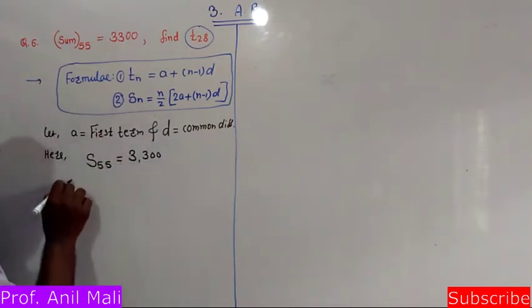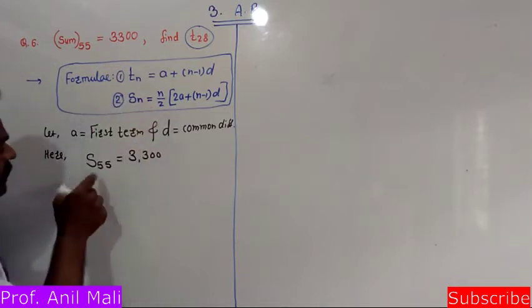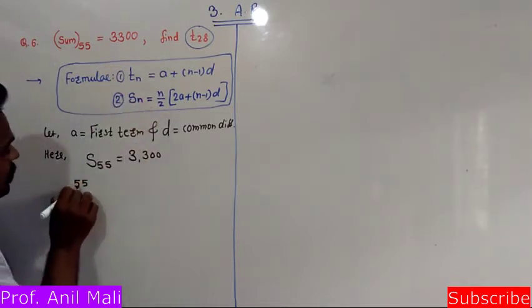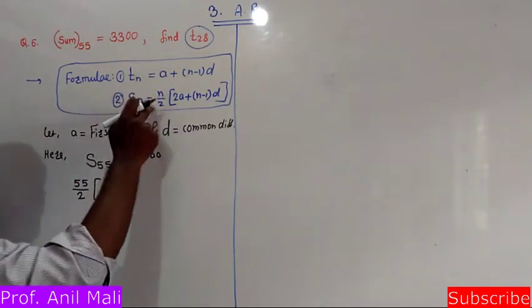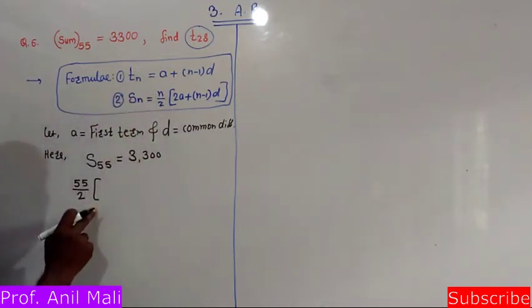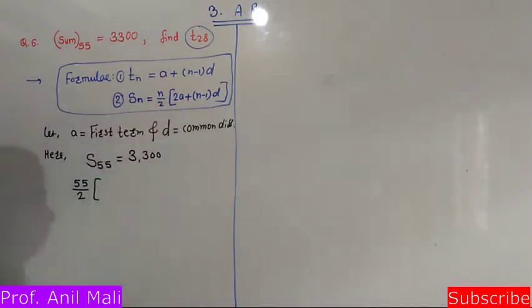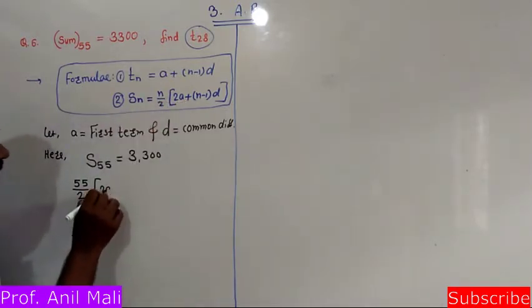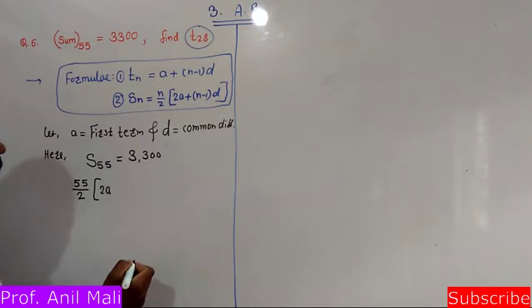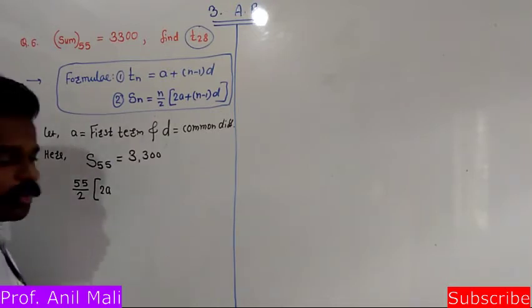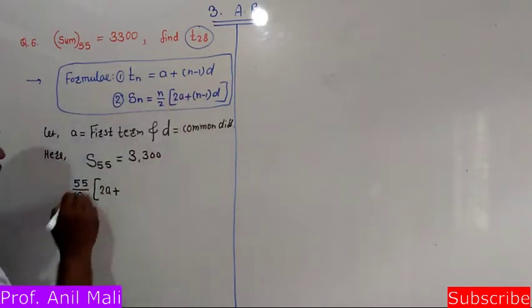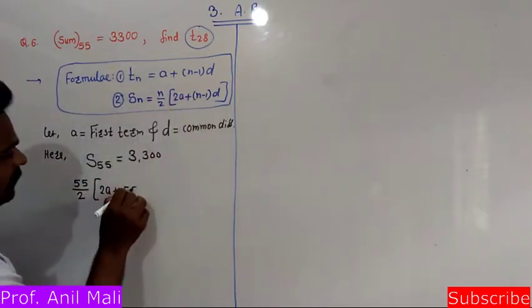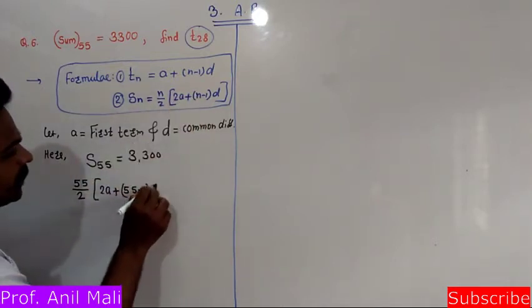So we will get n by 2, that is 55 upon 2, into the bracket 2a, that means 2 into a as it is. We don't know a and d. So 2a plus n minus 1, that means 55 minus 1, into d.